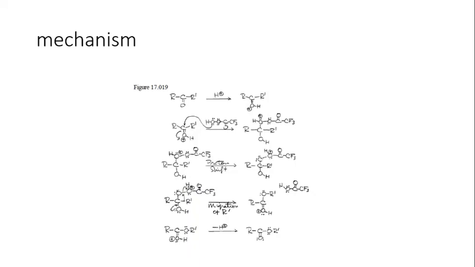Now in the next step, there is the migration of the R group. And how has this happened? The lone pair of the oxygen moves towards the carbon, and when this lone pair of the OH is pushed towards carbon, the R1 group is shifted towards the oxygen.